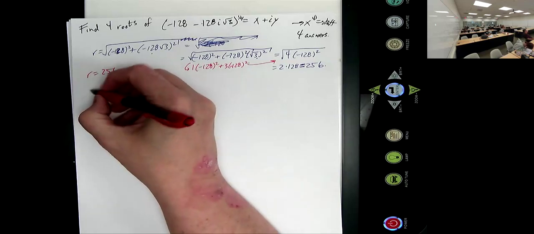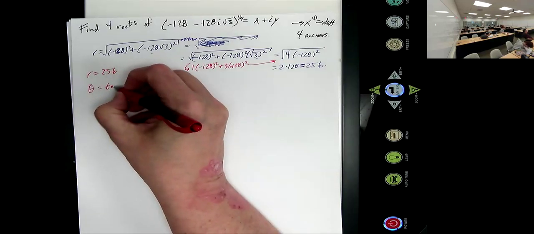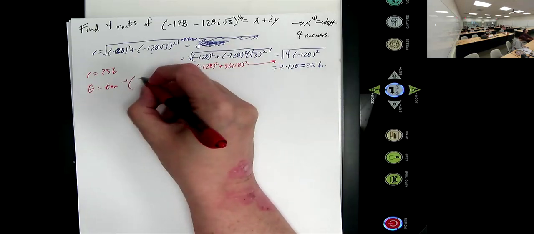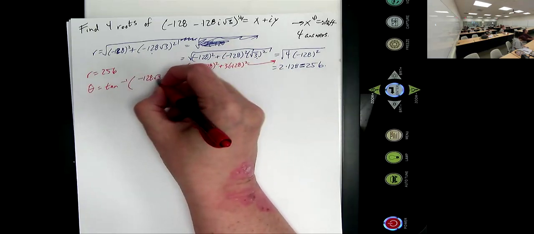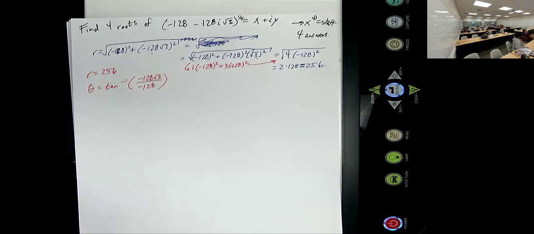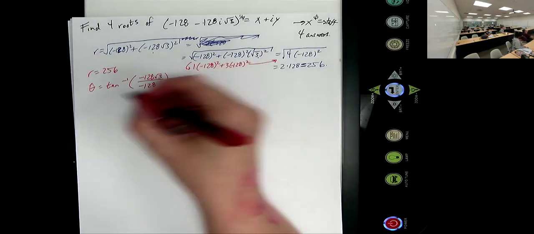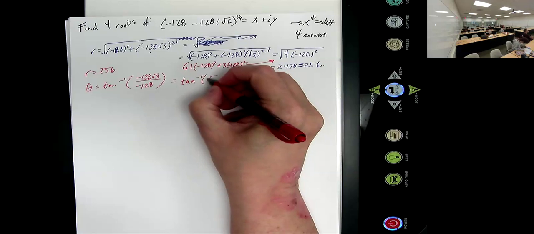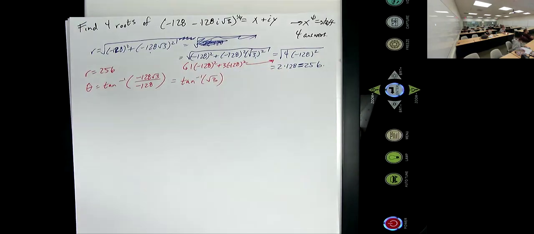What is theta? So wait, but it breaks down into what? Tangent inverse of root 3. And where is that at? More specifically, where in quadrant 1?